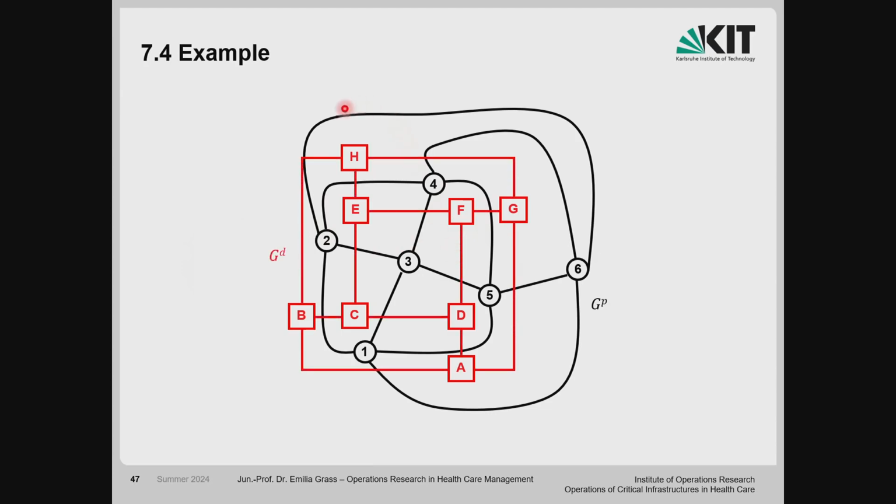And then you can connect them. I said again it doesn't have to be a linear one, but you see here B and H are connected, H and E are connected, and so on. And therefore you can now have these kinds of blocks that you would like to assign to each other. You don't have this planar graph anymore, but you have a really clear structure in the dual graph, and you can place the blocks next to each other, which is easier than having these nodes and edges.